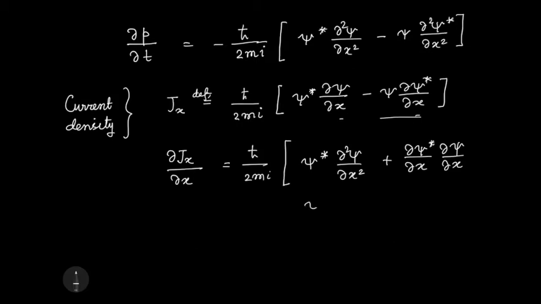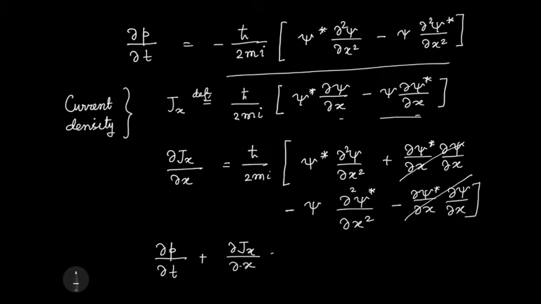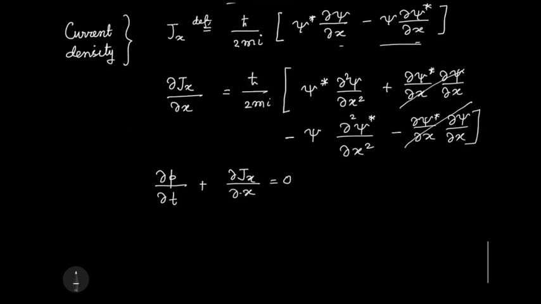And when I do this, I will get psi minus del psi star del 2 psi star del x2 and minus del psi star del x del psi del x. And again you see that this cancels out. So what I get is essentially whatever I have here with a minus sign. So in terms of this, I can now just write del p del t plus del Jx del x equals 0. Okay.